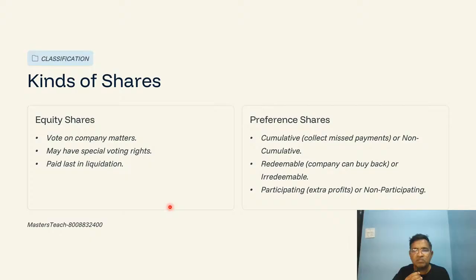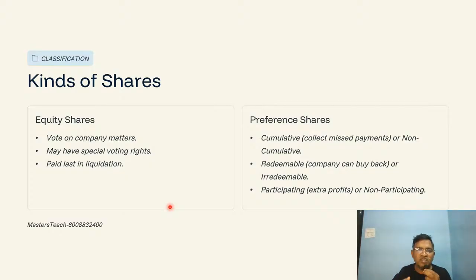That is called participating preference shares. Non-participating means even if the company gets more profit, that cannot be shared with the preference shareholders. That is called non-participating preference shares.